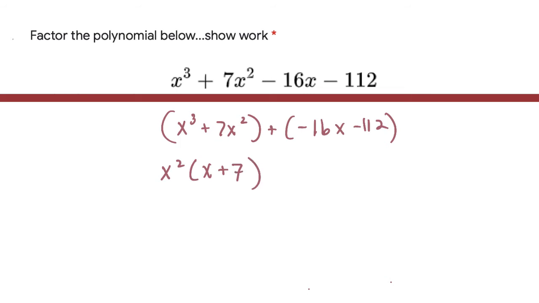So in this case, I grouped the first two, GCF out of x squared. The second pair, I'm going to take out a negative 16, leaving me with x plus 7 as well. We pull out the x plus 7, which is the common factor.